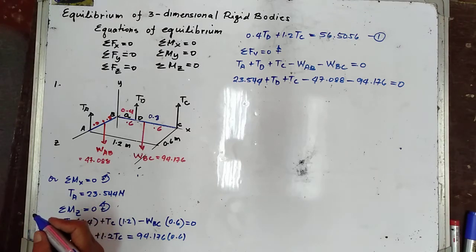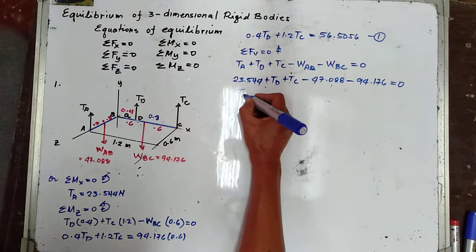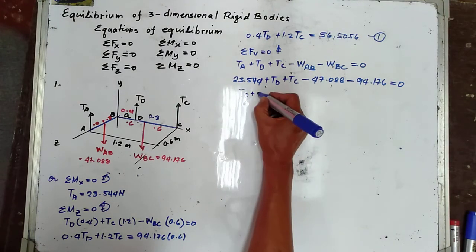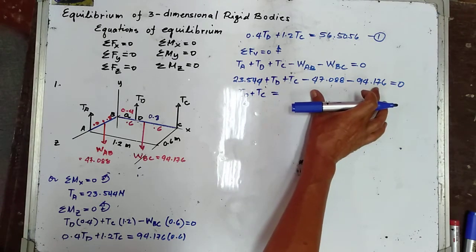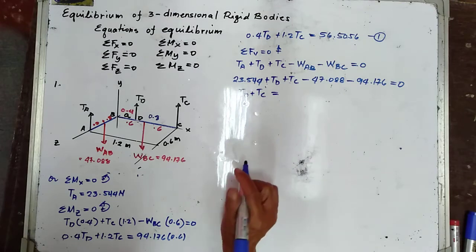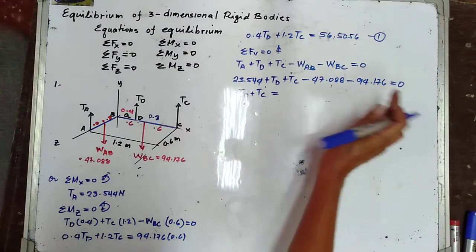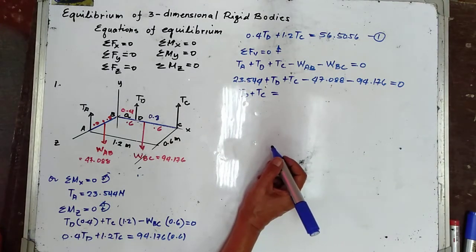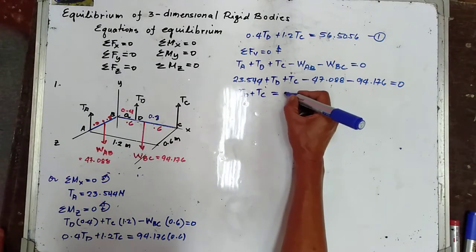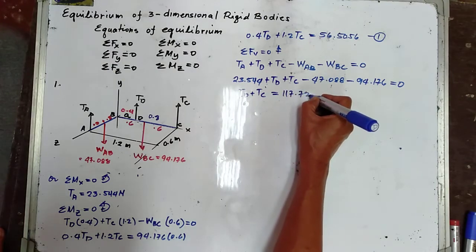Okay, so that one is now equal to 0. So we now have your TD plus TC is now equal to the sum of 47.088 and 94.176 minus 23.544, that is equal to 117.72.